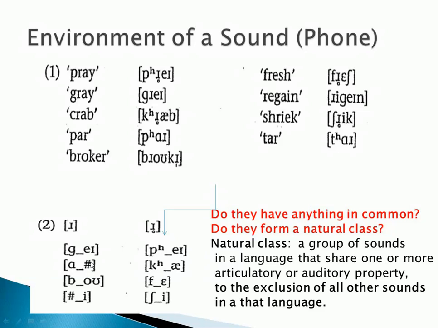So to show that I don't have any other sound here, it's at the end of a word, I'm going to put this symbol here. All right? Do I have another one? Yes, I have broker. Okay, so I put my B, I skip the R sound, and I just go up to here. Just bro. Bro is enough.